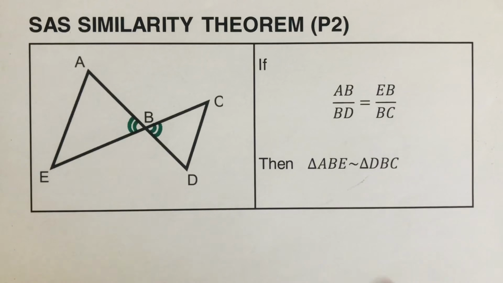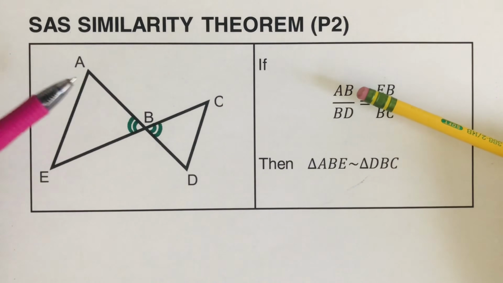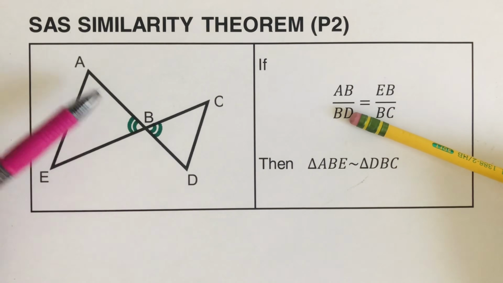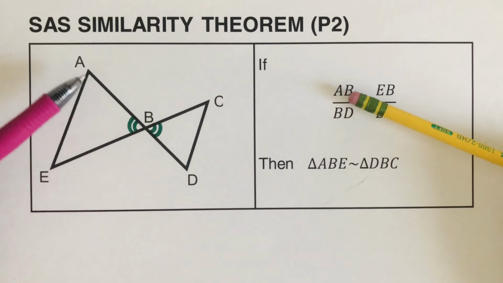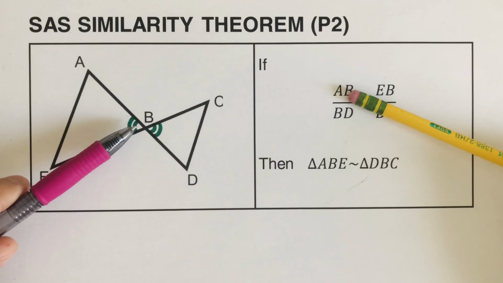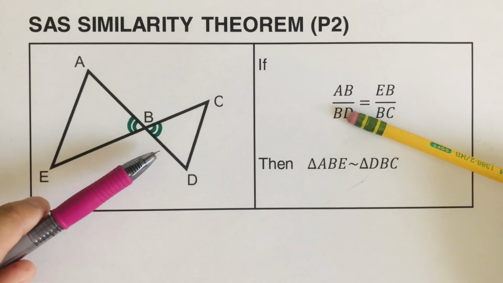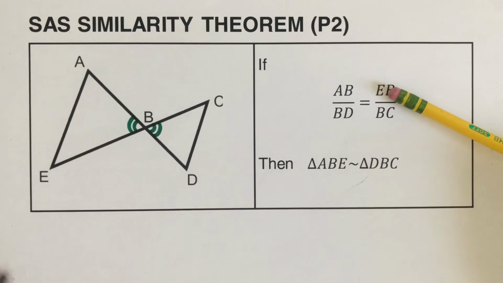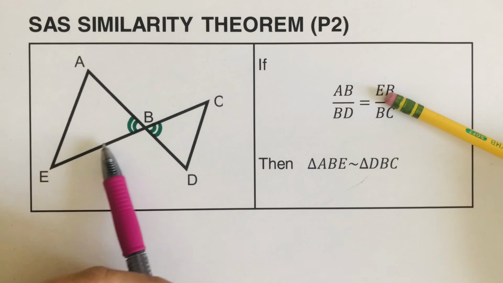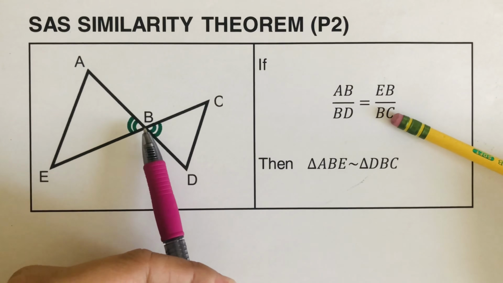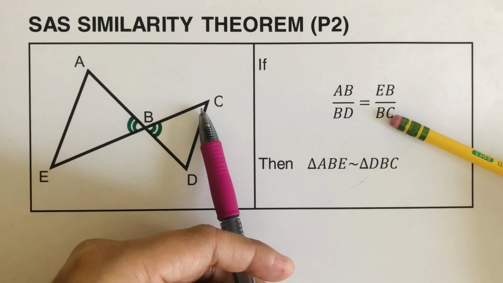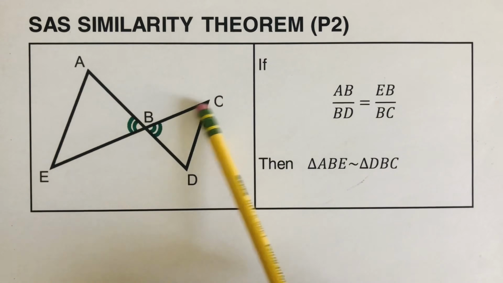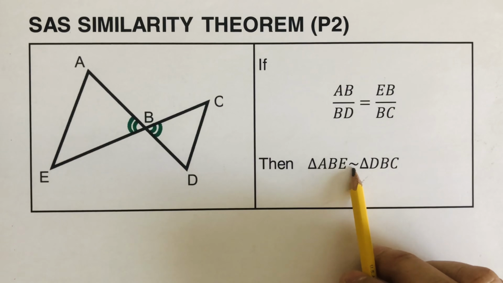Now, here's the deal. If side AB over side BD, they're coming from the same line, so side AB from the big triangle over side BD from the small triangle is equal to side EB from the big triangle over side BC from the small triangle, then these two triangles, the big triangle and the small triangle, are similar.